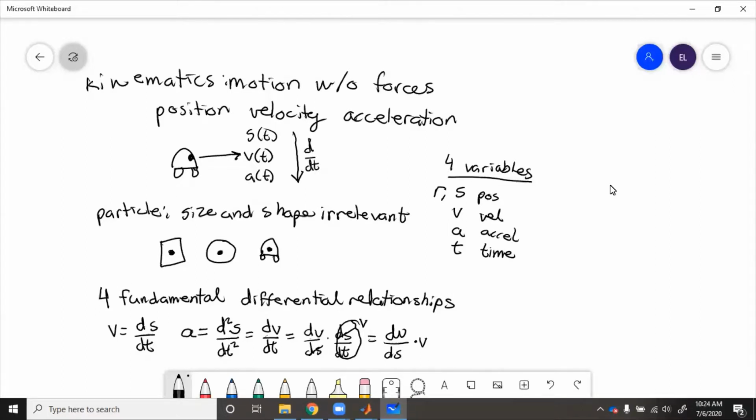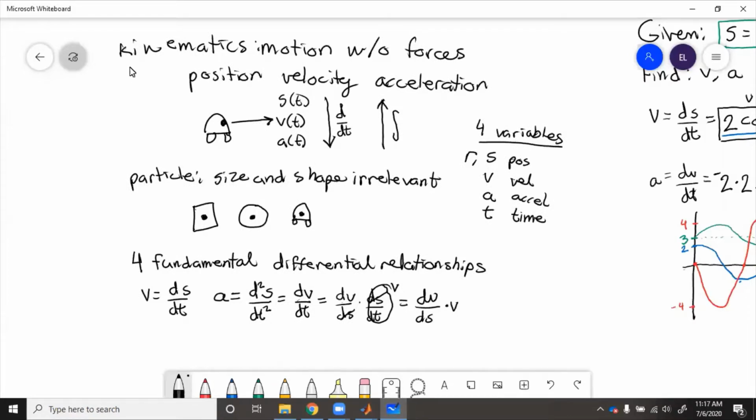But if we have acceleration and we need to find position, we go up the chain, we integrate. So the key to solving any of these kinematics problems is just figure out which differential relationship you need to use based on the variables, and then integrate or derive to get to the answer.